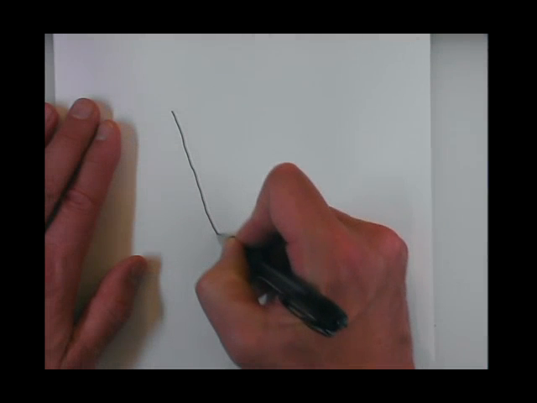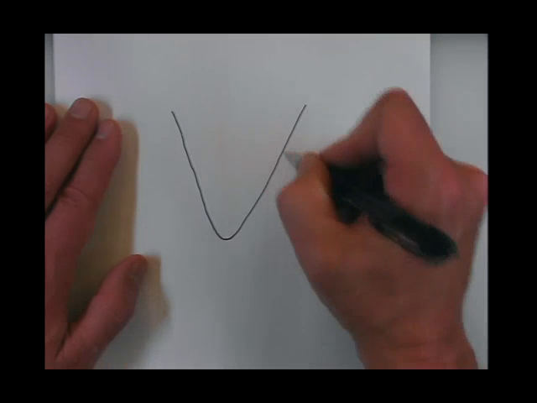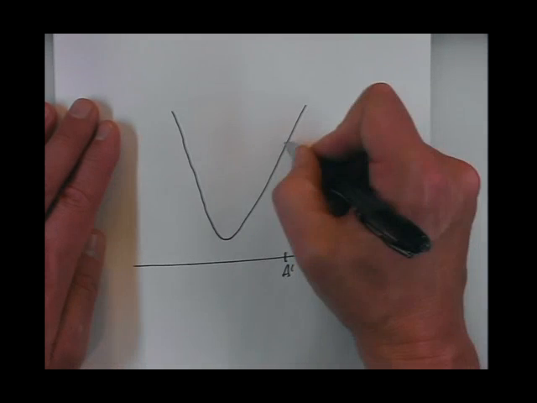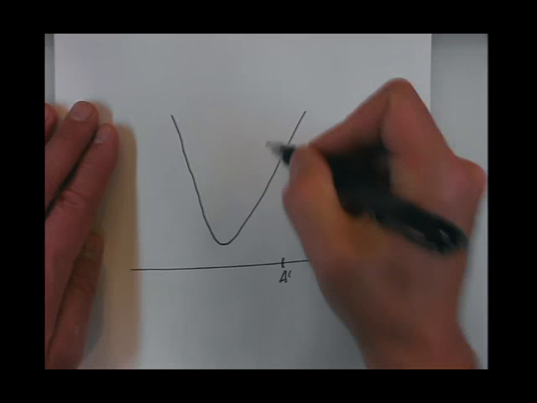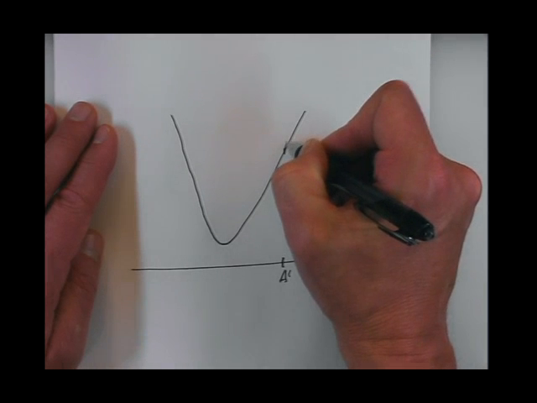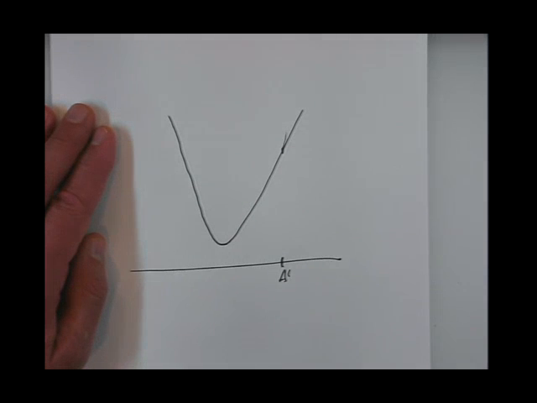So the function kind of looks like this. This is our current point, delta prime. It's got to be tangent there. So I make the function tangent there and I grow the quadratic out as I reduce the value of A2.